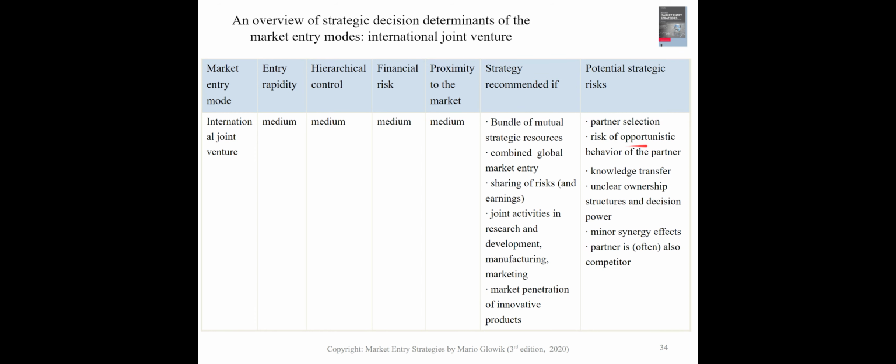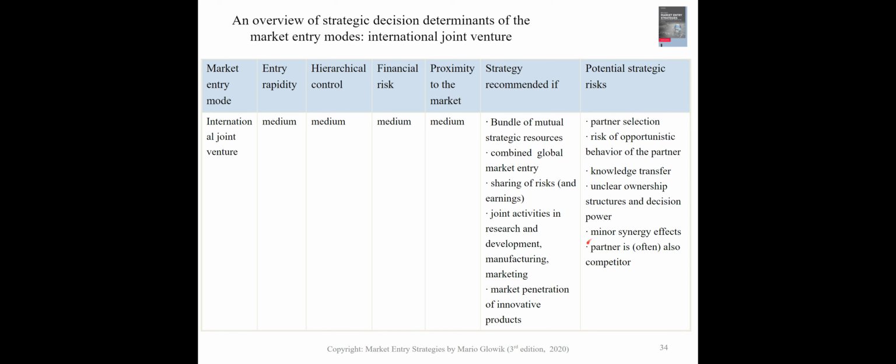There's always a risk of opportunistic behavior. We transfer our knowledge, but in worst case, our partner is not willing to transfer the knowledge required to gain competitive advantages. And there's also the risk of unclear ownership structures and decision power, and that the synergy effects remain below expectations.